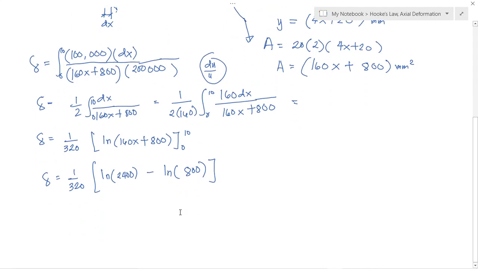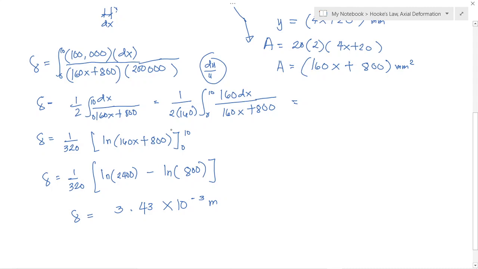So, now, the final answer will be equivalent to, so yung dx natin is in meter, that is equivalent to 3.43 times 10 raised to negative 3 meter. Kasi take note class, yung dx natin kanina is in meter.